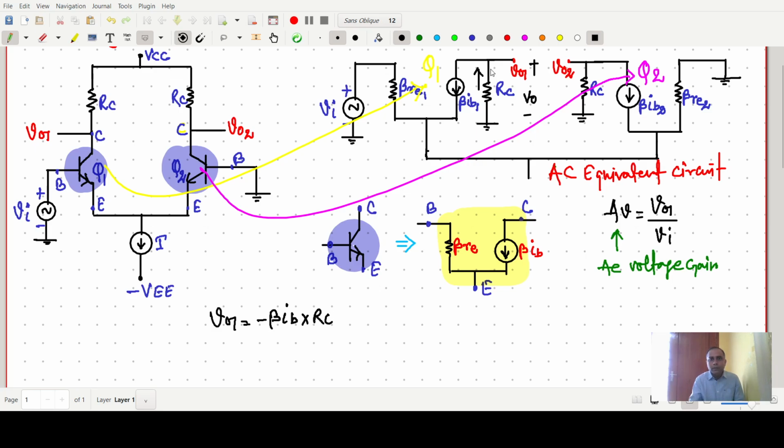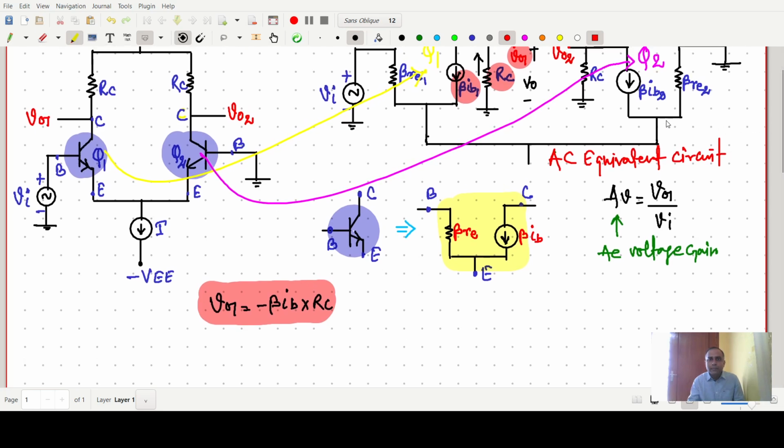Is it clear or not? I'm just highlighting this: V naught 1 is beta IB1 into RC with a negative sign, because the current is going from the zero voltage like this.